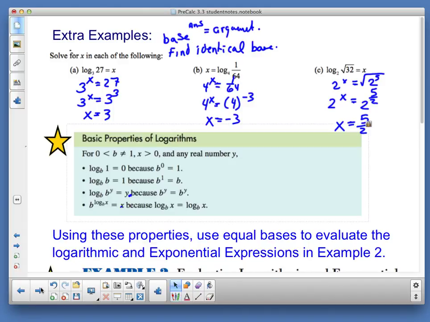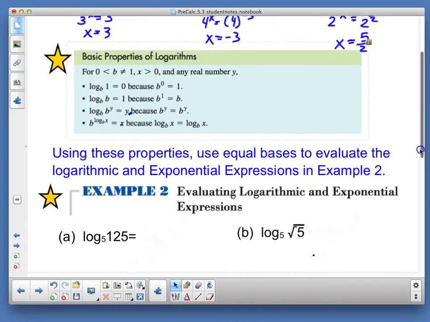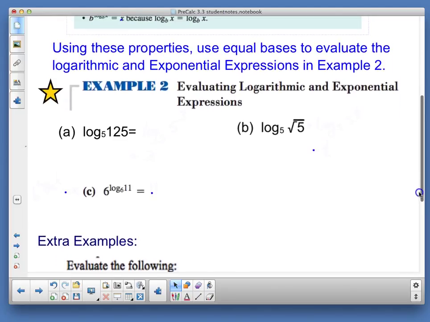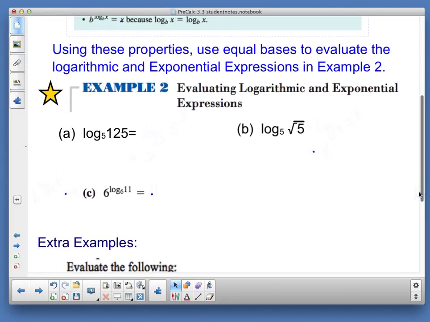So now, using these properties, I want you to come up with those answers. What is the log base 5 of 125? It ends in 5. So find the base of 5, and how many times do you multiply 5 by itself?